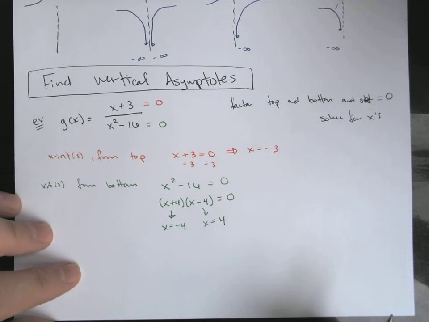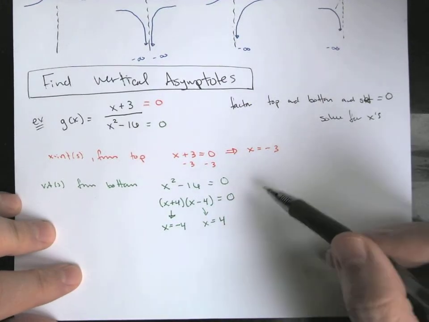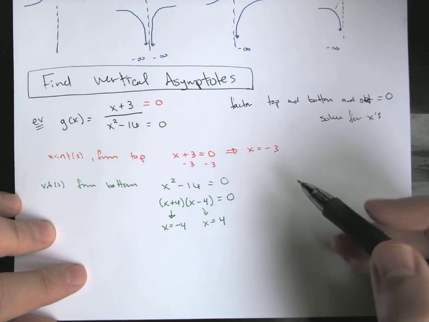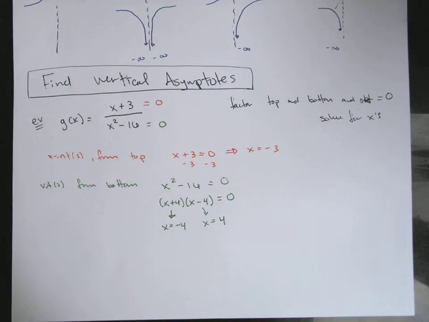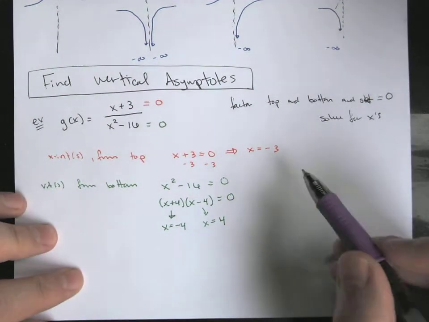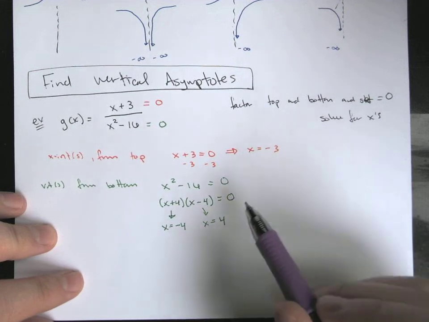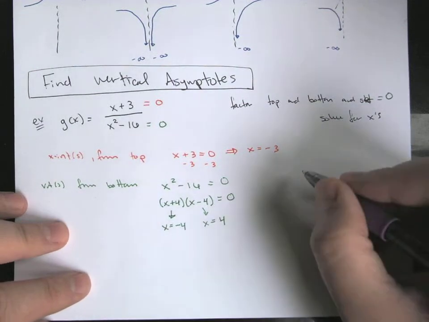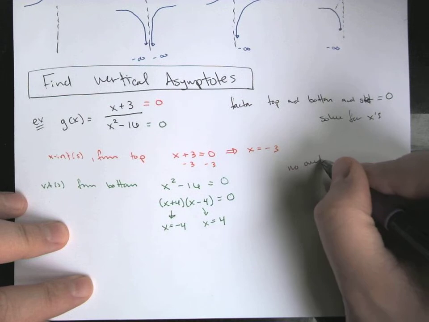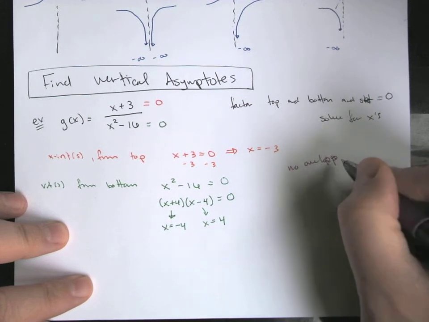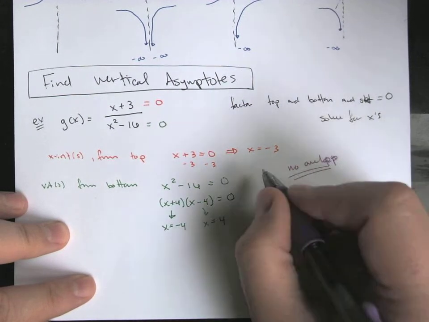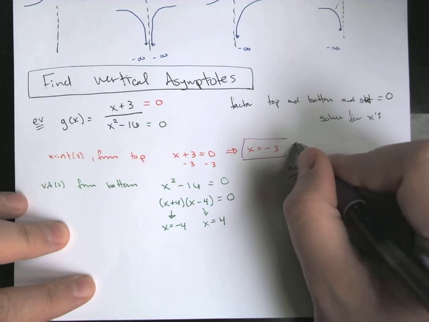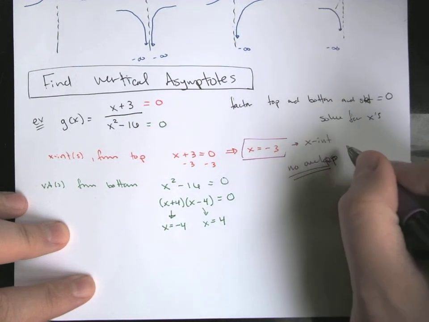And so the thing here that's important that we need to consider is, do any of the values from the top and the bottom overlap? We can see obviously that they don't, right? Negative 3 versus 4 and negative 4, all of them are different numbers. There's no overlap between those values. And so what that means then is x equals negative 3 for us will be an x-intercept, right?